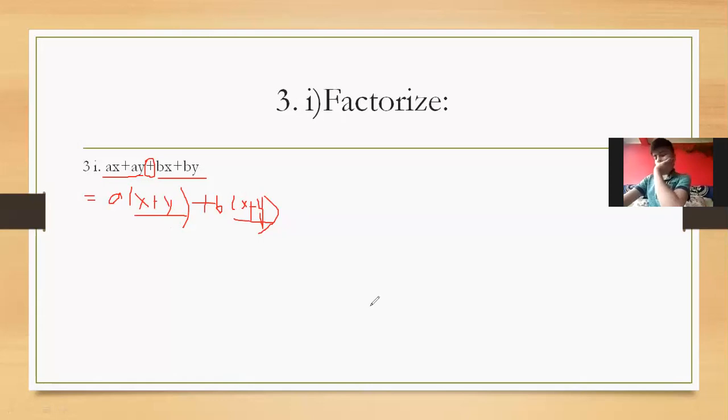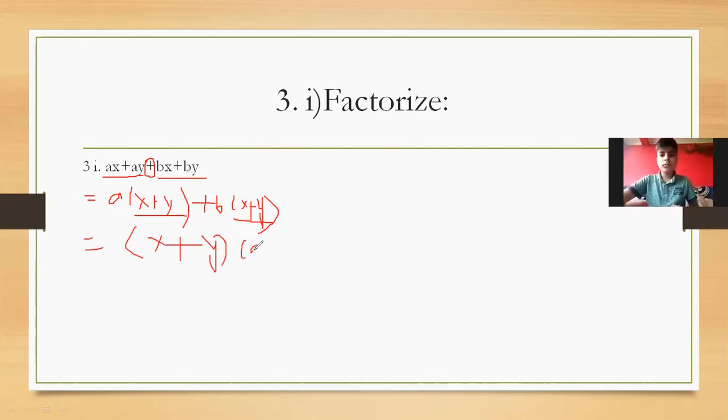Tejas, have you understood? Yes, sir. What is the same factor remaining? x plus y is same, that's why now we have to take x plus y common. If x plus y is common, then what is left? The remaining one put in another bracket.